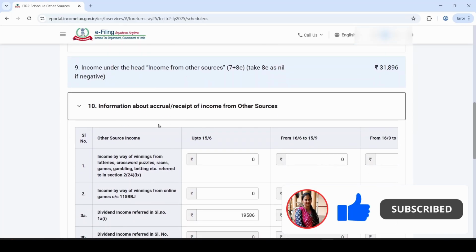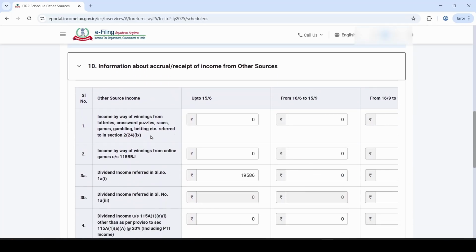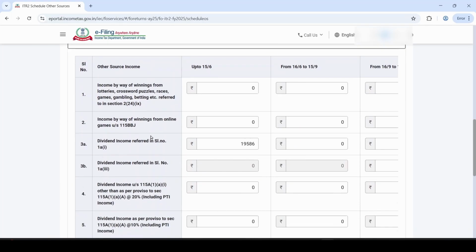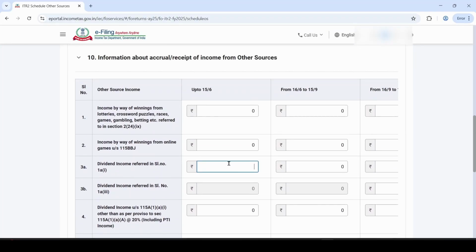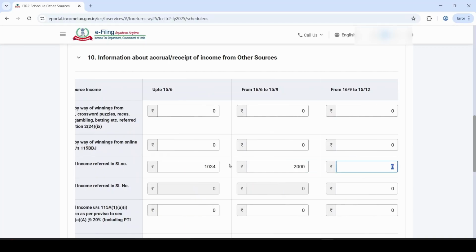Now go to point 10, information about receipt of income from other sources. Here also we need to provide quarter-wise dividend income. So in first quarter I have received Indian dividend of 1,034, and in second quarter I have received Indian dividend of 2,000. In third quarter I have received foreign dividend as well as Indian dividend.